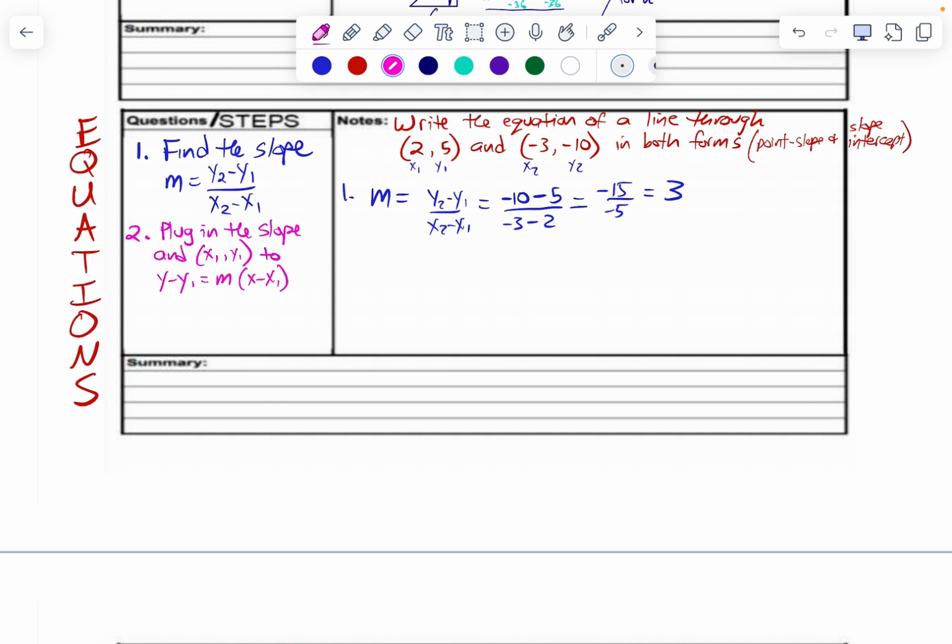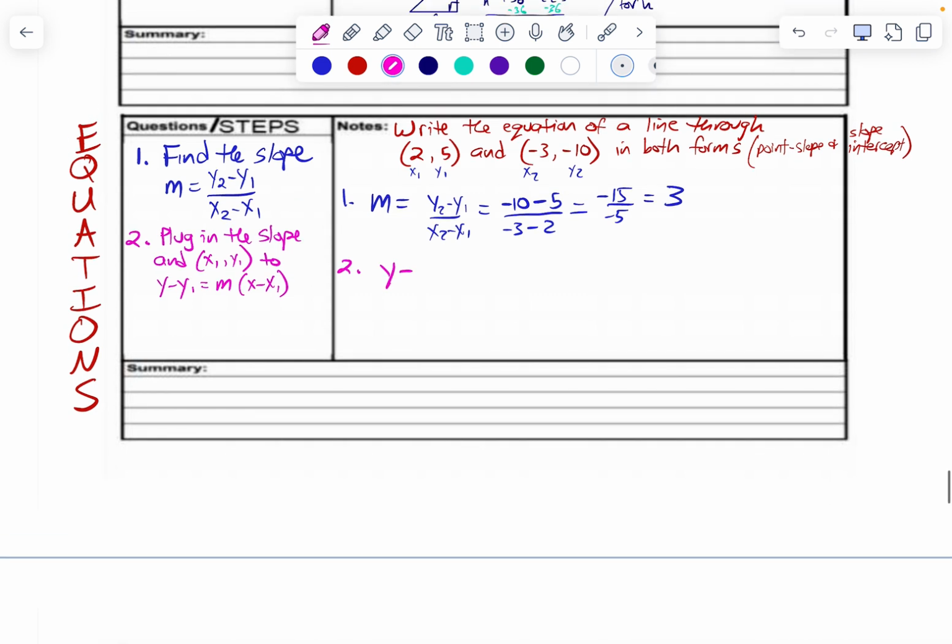Literally, you're just substituting stuff in there. So here's how that looks. It looks like y minus, and I'm going to leave that in just a second. I'll plug it in. And over here, x minus.